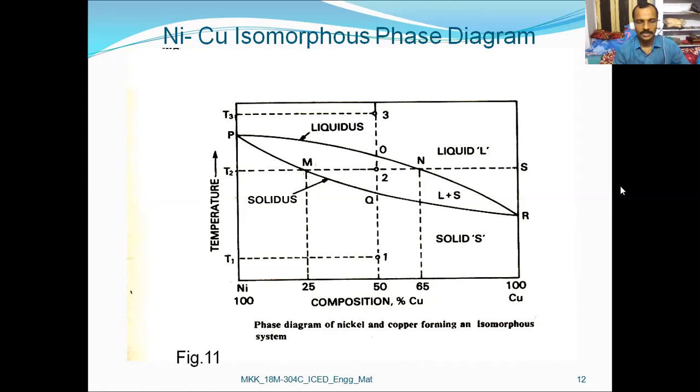Here we can see the different combinations of liquid plus solid, and first P, Q, R, S. We need to focus on these points, and M, N, 1, 2, 3. These are the vertical points we need to focus on at equilibrium.